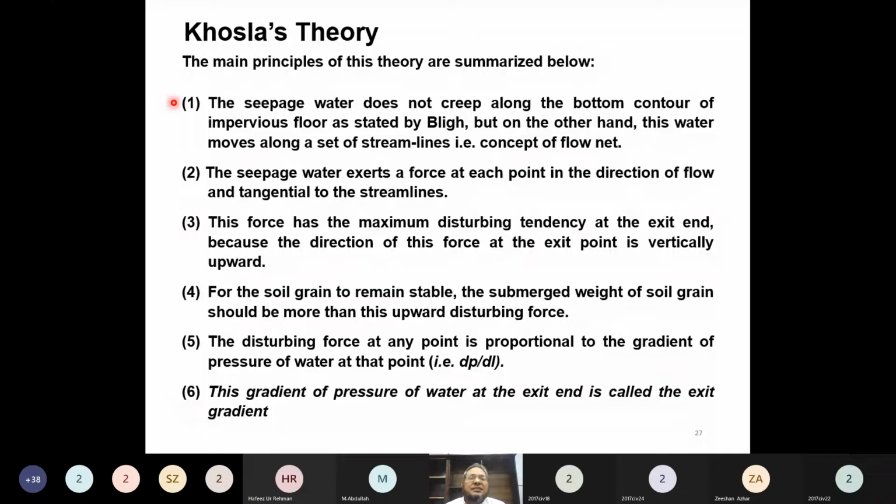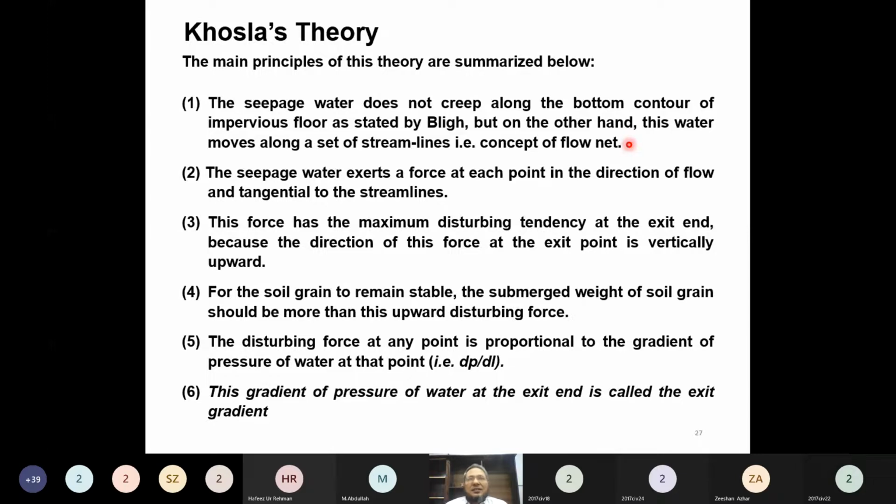The first is that the seepage water does not creep along the bottom contour of the impervious floor as stated by Bligh and Lane. But on the other hand, this water moves along a set of streamlines. That is, he has given the concept of the flow net. So that is the first difference between the previous two theories and the Khosla theory.